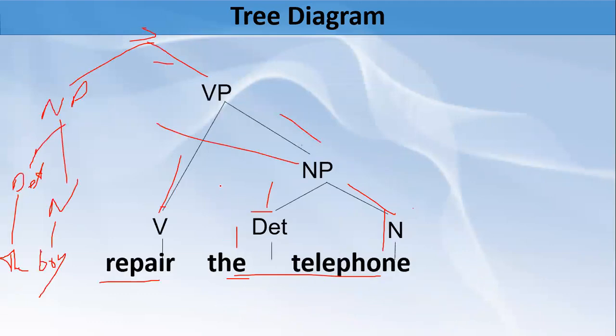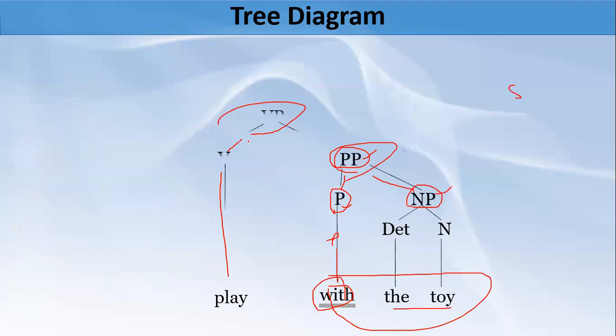So far we discussed that a verb phrase consists of a verb and a noun phrase. But now we came to know with this example that a verb phrase may consist of a verb as well as a prepositional phrase, because the noun phrase is then inside the prepositional phrase. You may take so many examples.